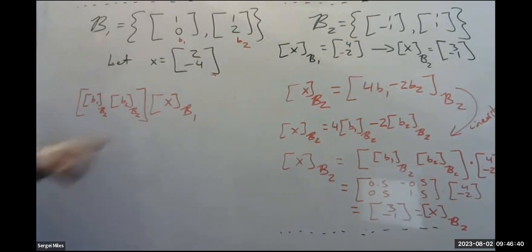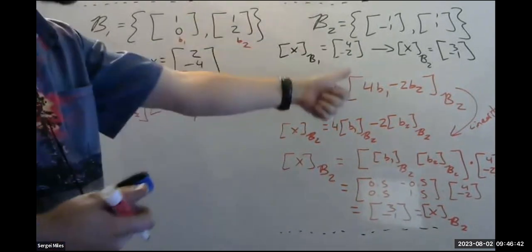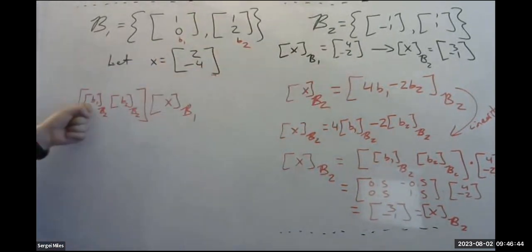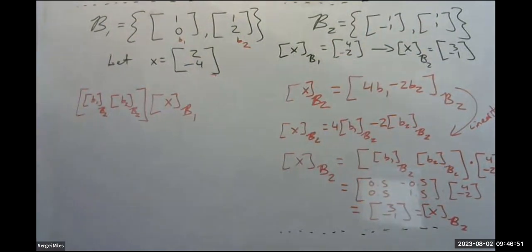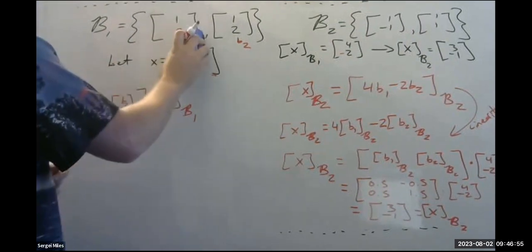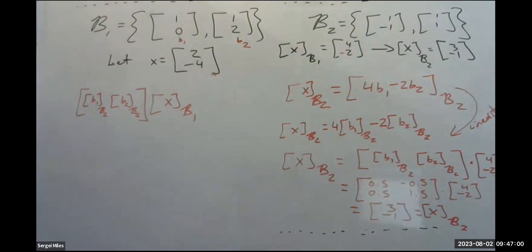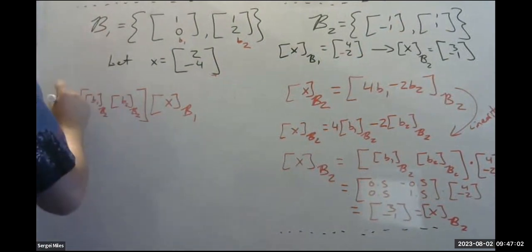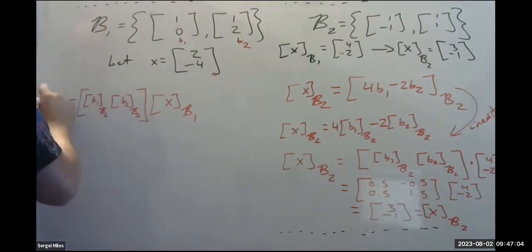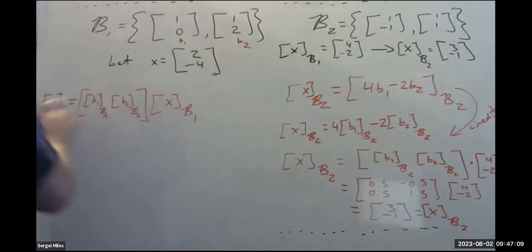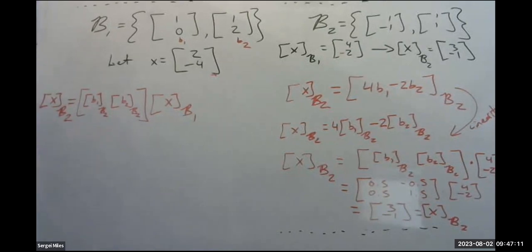So if you're trying to go from one basis to a new basis, you need to know what your original basis vectors are changed into the basis you're going to, which makes sense. If you're trying to change from one basis to another, you need to know how your basis vectors can change into the new basis vectors, right? In other words, this is going to be our formula for changing from one basis to another basis.